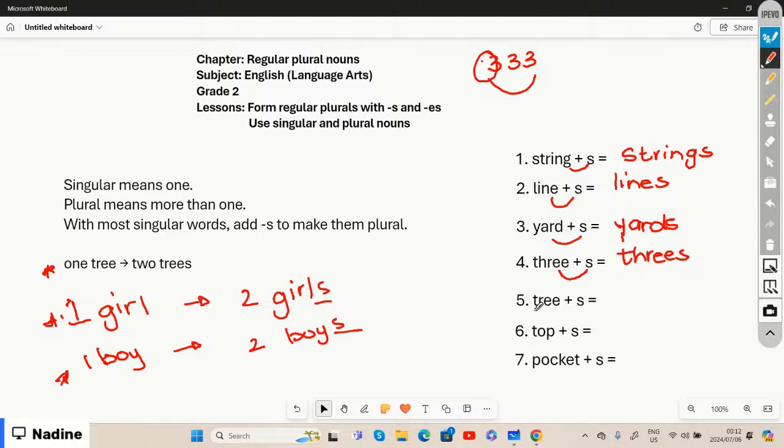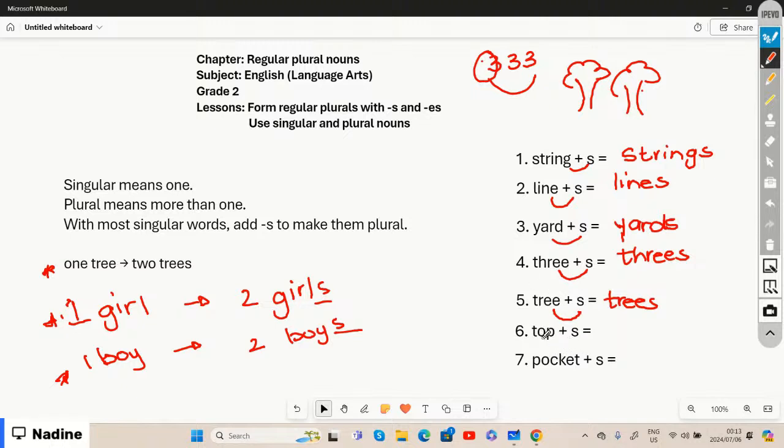Now we have one tree, as in a tree, like an apple tree, orange tree. One tree plus s. We were to add an s to the word tree. So we have one tree, but if we look at that, then there are two trees, because now we're referring to it as being more than one tree.